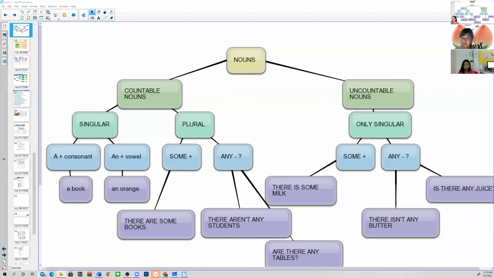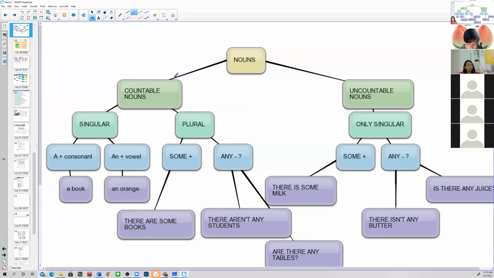Okay, I hope that you do understand the countable nouns and uncountable nouns, right? Do you remember? Last time we were talking about nouns, right?